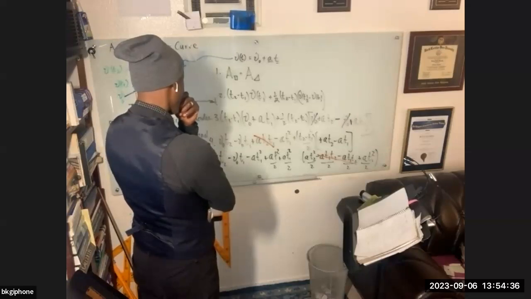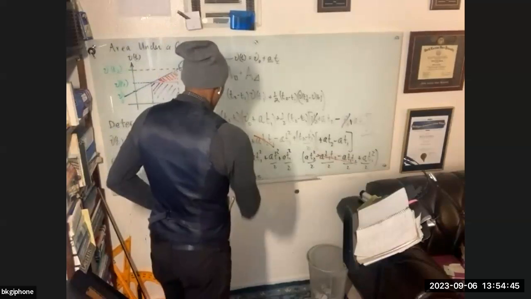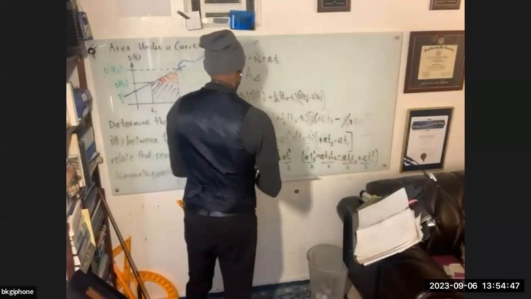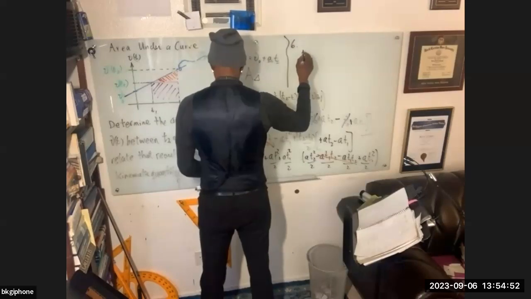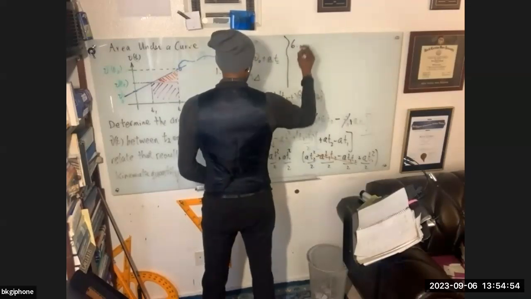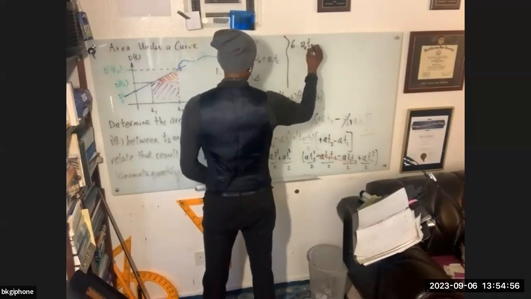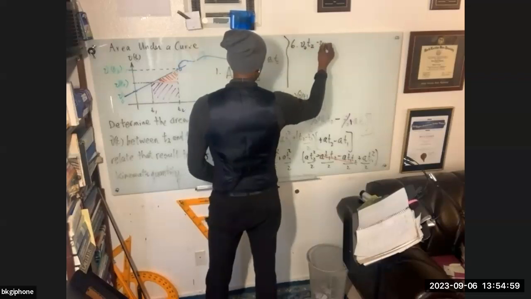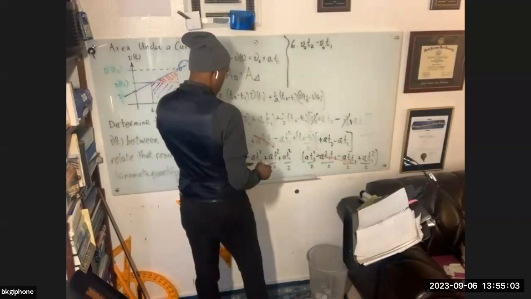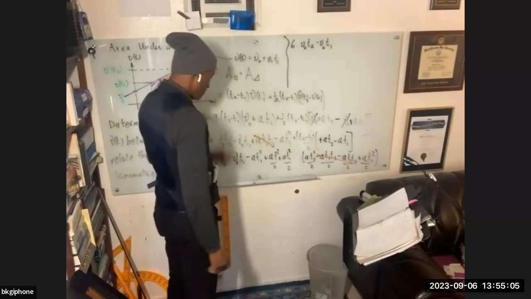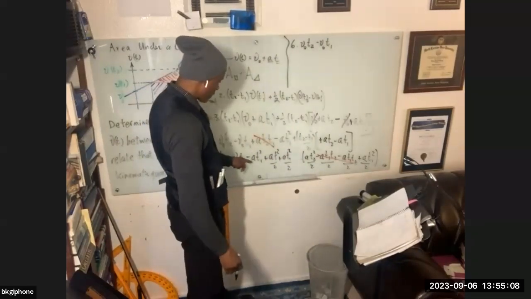That goes to 0. I can take these two terms, and that's going to be V naught times T2 minus V naught times T1. And then this thing, oh yeah, that's why, yeah, good. So it'll work out.